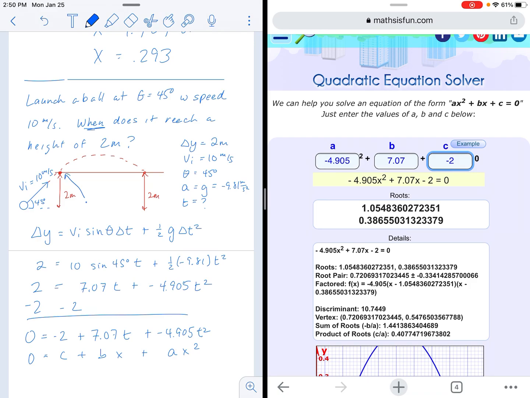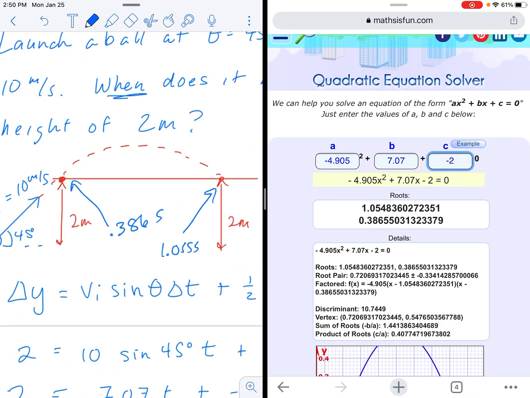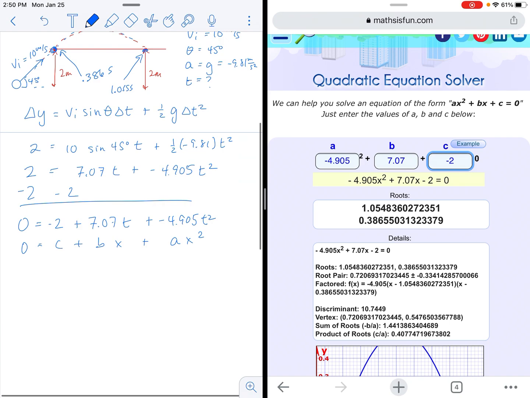So it gets to 2 meters above my hands first at 0.386 seconds, and then the second time at 1.055 seconds. So we're really looking at when the ball gets to here and then to here. So T is equal to 0.386 and or 1.055.